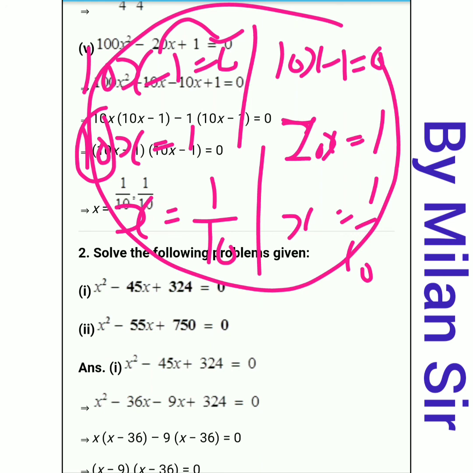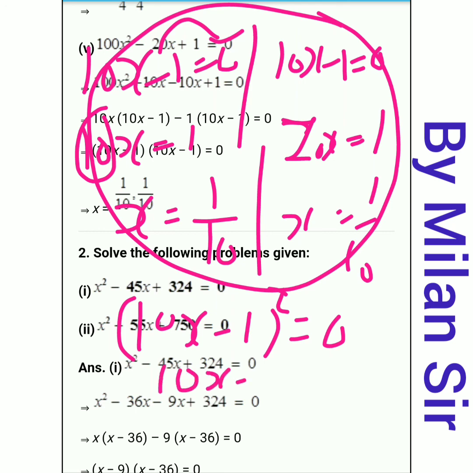Otherwise we can write like this, 10x minus 1 all square is equal to 0, because we get the same bracket 2 times, that's why. Okay, then we need to take the square root, so 10x minus 1 is equal to 0, because on the left hand side the square root of 10x minus 1 all square is 10x minus 1, and on the right hand side the square root of 0 is 0.